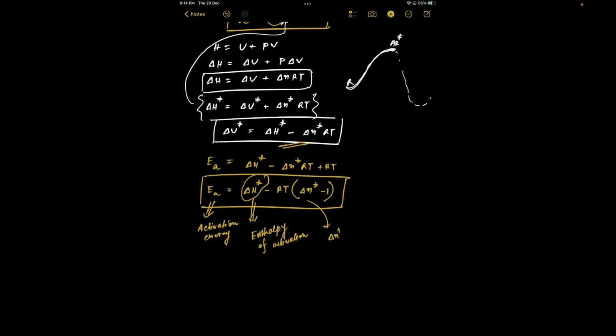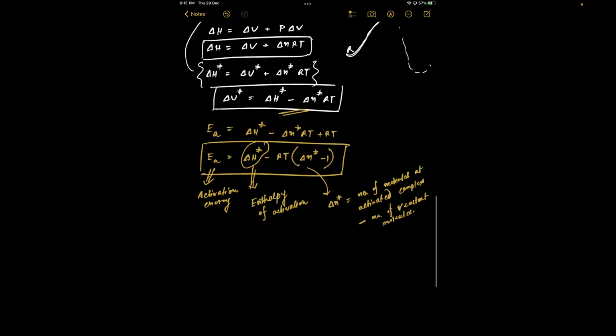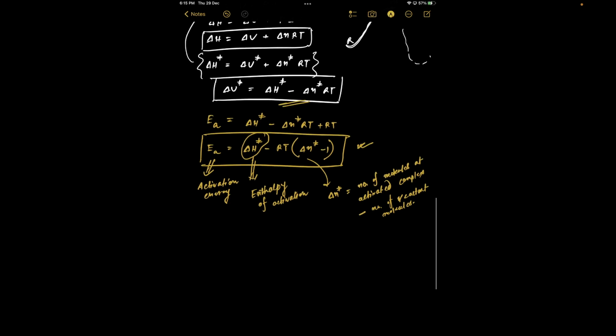So delta N double dagger is basically the difference of molecularity. So this is an important relationship.